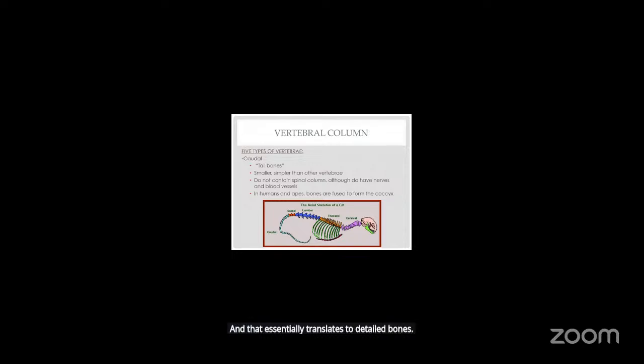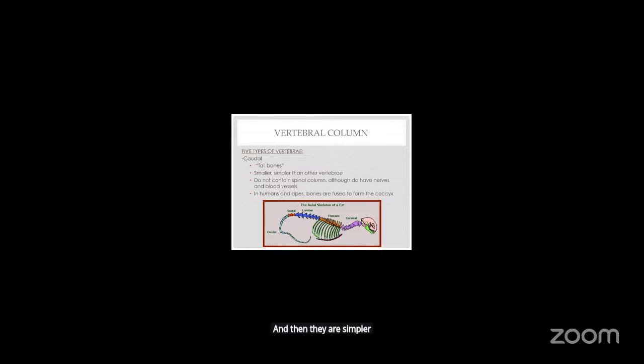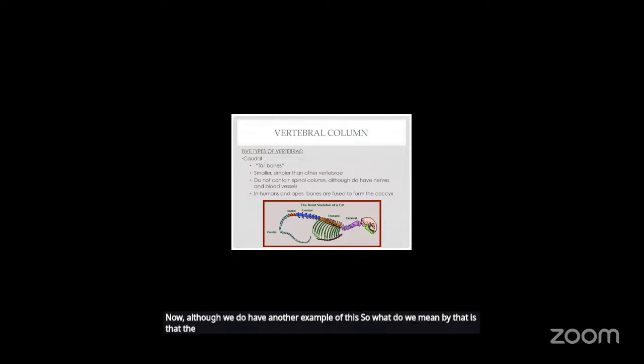They are smaller in size, elongate, and simpler than the others, and they do not contain any spinal cord, although they do have nerve endings and blood vessels. What we mean by that is that the spinal cord does not innervate the bones of the caudal vertebrae, so there's no need for them to be that big to accommodate passage of the spinal cord.